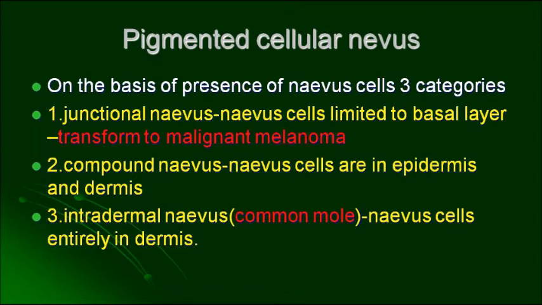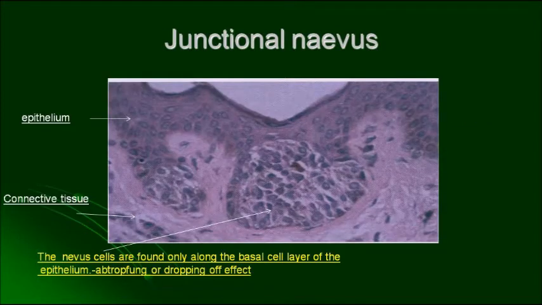And what is common mole? Common mole is actually intradermal nevus, where the nevus cells are present only within the connective tissue. Now see the picture carefully. Junctional nevus, there you can see very clearly, the arrow point and the yellow marking I have labeled. The nevus cells are found only along the basal cell layer of the epithelium. That is the epithelium, and down you have the connective tissue.